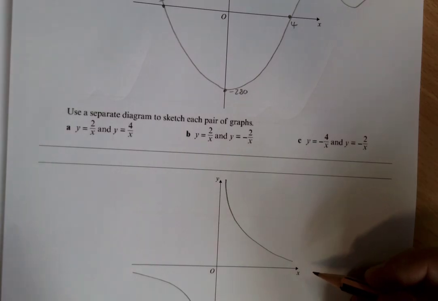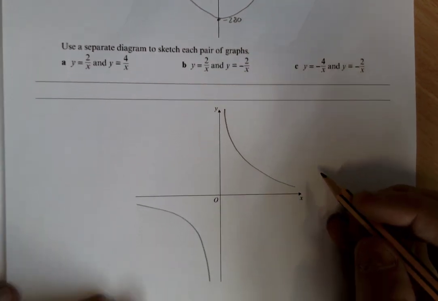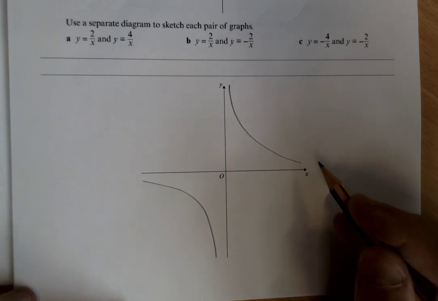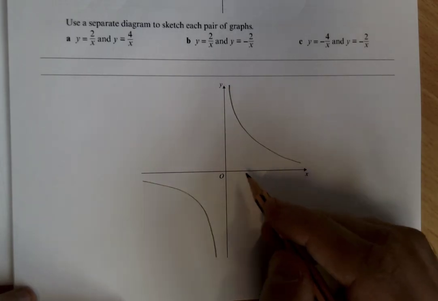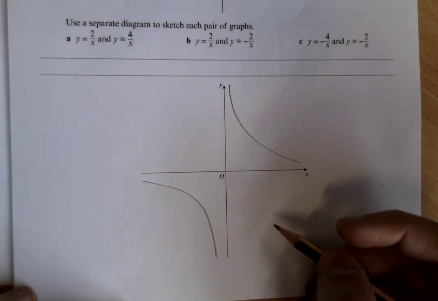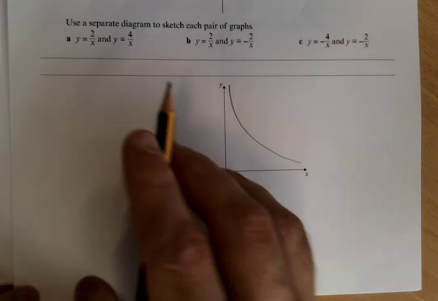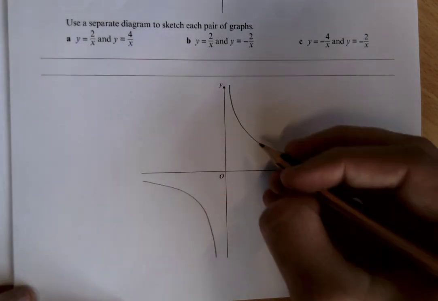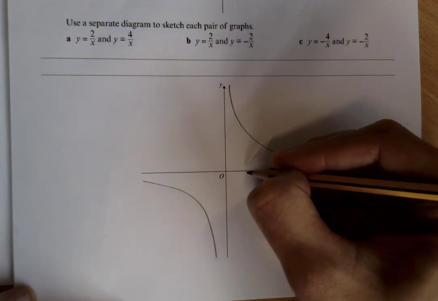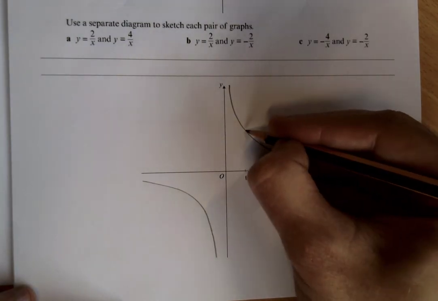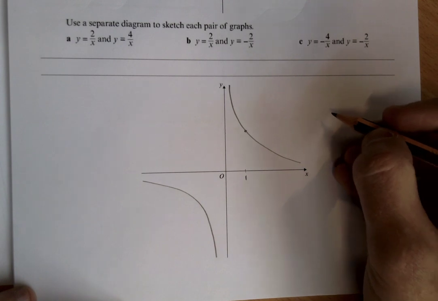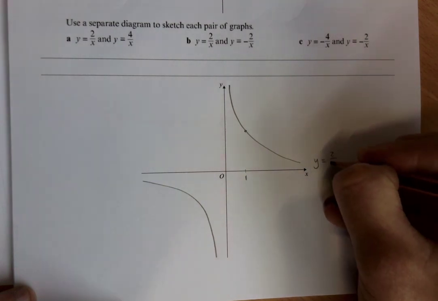If we wanted to compare them, I would probably just, if I were you, put in some different values of x to see what happens. So let's start with 1, might as well. So if I put in 1 here, just as an idea, let's call this one y equals 2 over x.